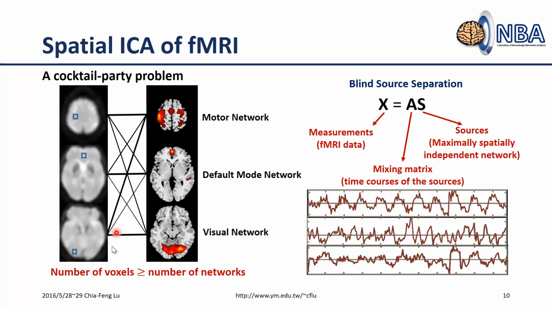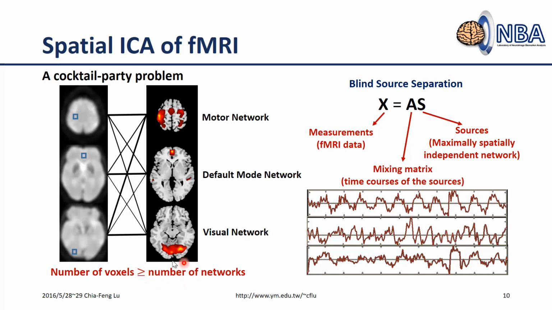This is actually the relationship between the original source networks and the measured BOLD signals. So again, the limitation is that the number of voxels should be larger than or at least equal to the number of networks.